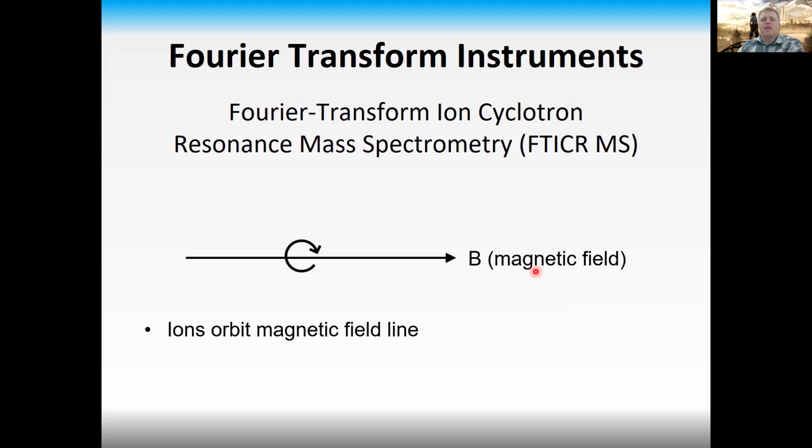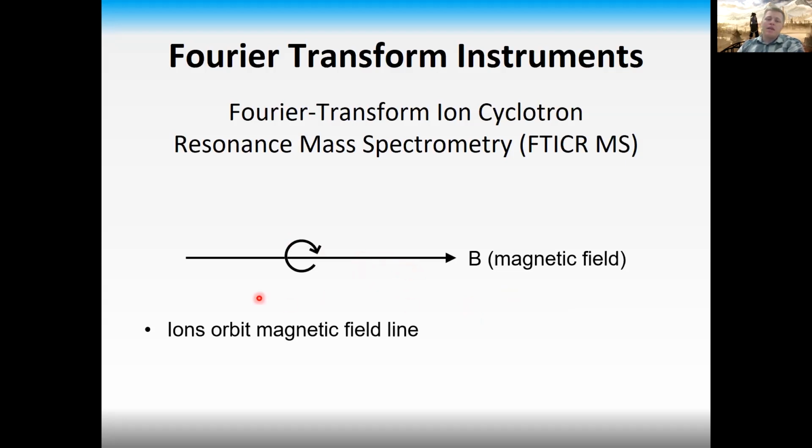So if we have a magnetic field line running through here, the ion will circle around that. Whether it's a positive ion or a negative ion depends on whether it circles one way or the other, and that just has to do with the right-hand rule or left-hand rule that you should have learned about in physics. And if you didn't, I'm sorry, I'm not going to go over it today.